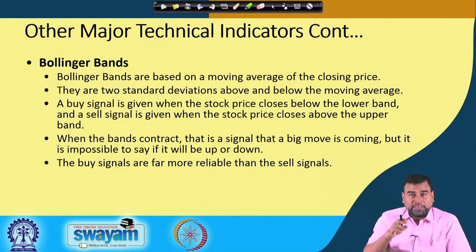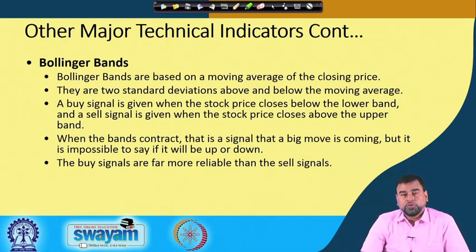So, we draw two lines, two standard deviations below and two standard deviations above, and a buy signal is given when the stock price closes below the lower band, and a sell signal is given when the stock price closes above the upper band.